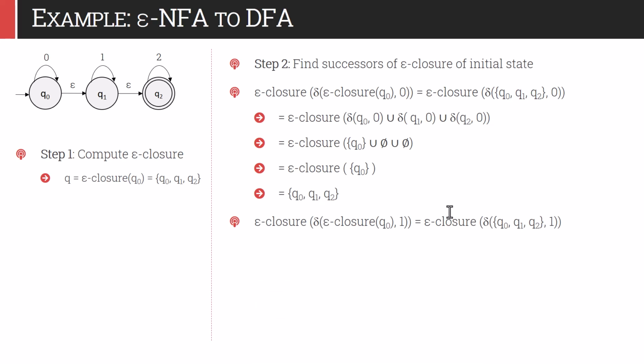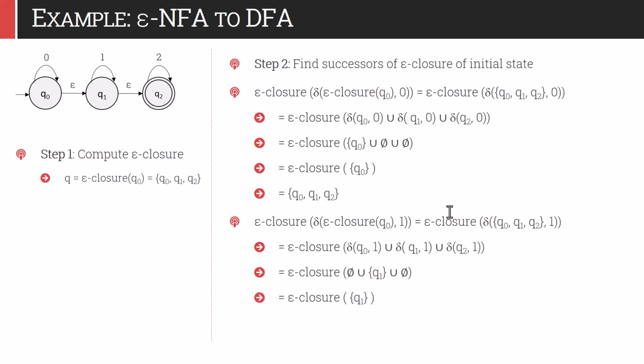So again, for the epsilon closure of the initial state, we have to find the successor for input 1. So that is given by epsilon closure of delta of Q0, Q1, Q2, comma 1. So again, we need to take the union of all these three delta transitions for input 1. There is only one transition available for input 1, that is from state Q1. So we have phi, union Q1, union phi, and ultimately we have to compute epsilon closure of Q1.